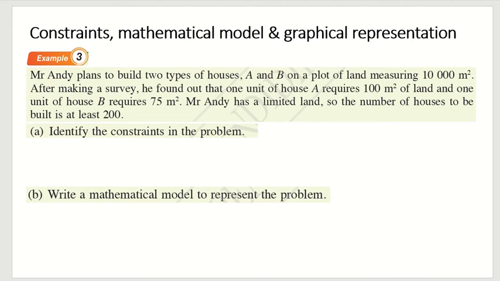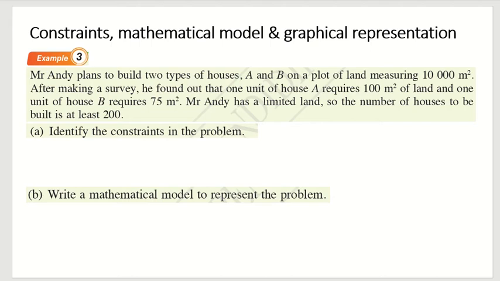After making the survey, he found out that one unit of house A requires 100 meters square, and house B requires 75 meters square. Mr. Andy has limited land. Then the number of houses to be built is at least 200. Question A. Identify the constraint in the problem.